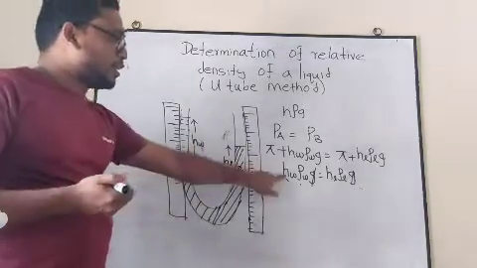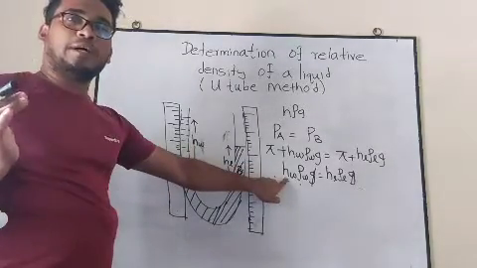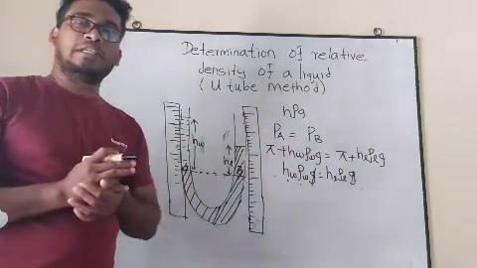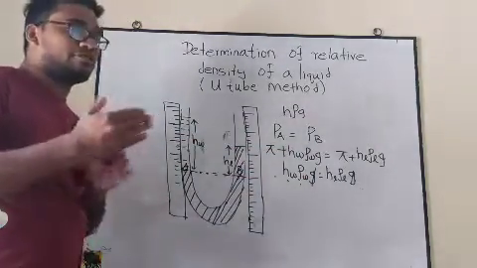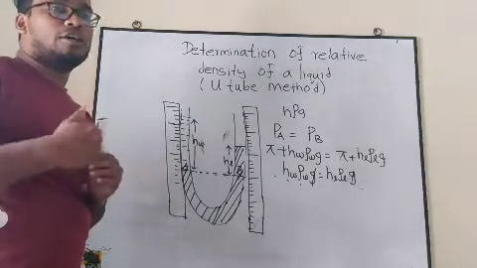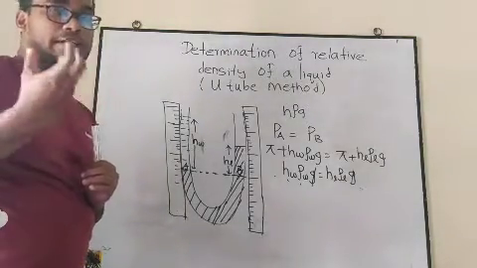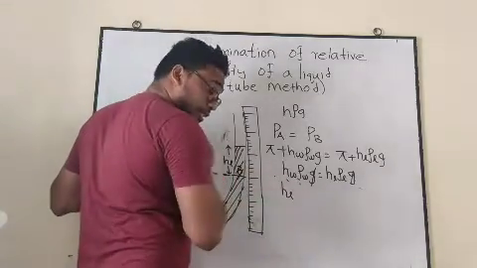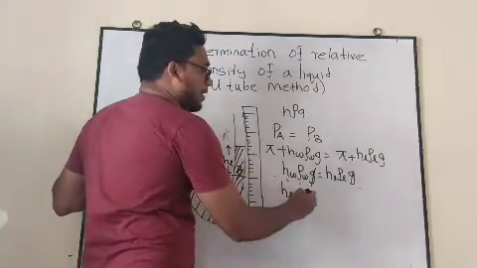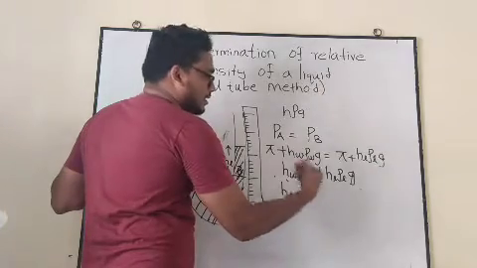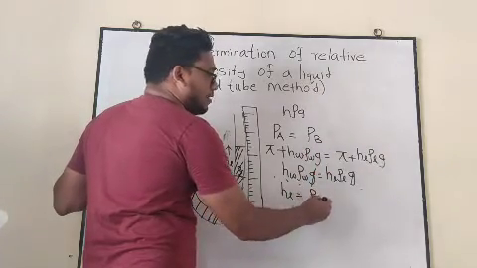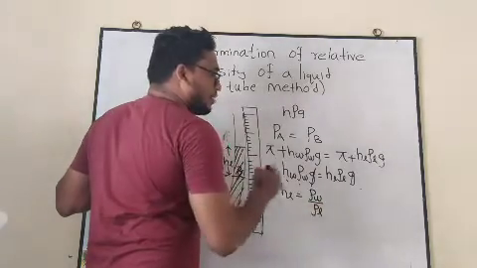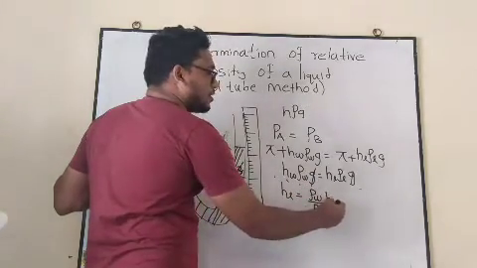So HW should be the independent variable. HL should be the dependent variable. So we have to rearrange for the graphical method. HL is the dependent variable, and HW is the independent variable, so HL equals rho W over rho L into HW.